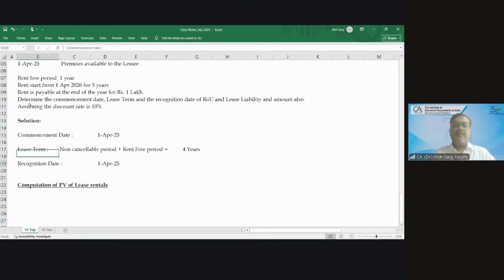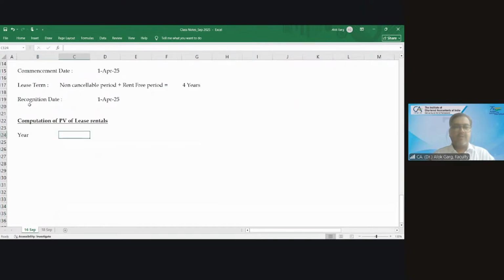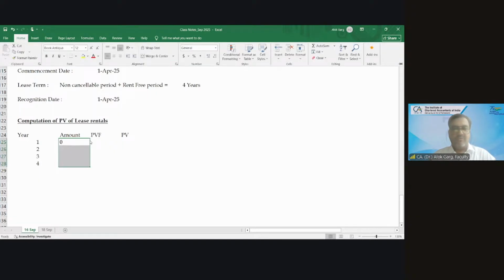By now you all must have become experts at calculating this. Year, then amount, then present value factor, then present value. Year 1, 2, 3, 4. In year 1, is there any amount? No, sir, it is zero. It is a rent-free period, right?